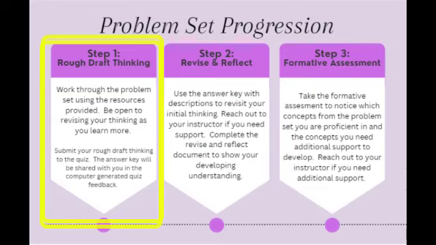After you have finished your rough draft thinking, you'll post your work to a quiz, and immediately the feedback will provide you with an answer key. This is where you move to step 2. In step 2, you'll be revising your thinking and reflecting. You will use the answer key provided to look over your work and decide what areas in which you need to focus your growth. Then you'll complete a reflection assignment using a provided template.